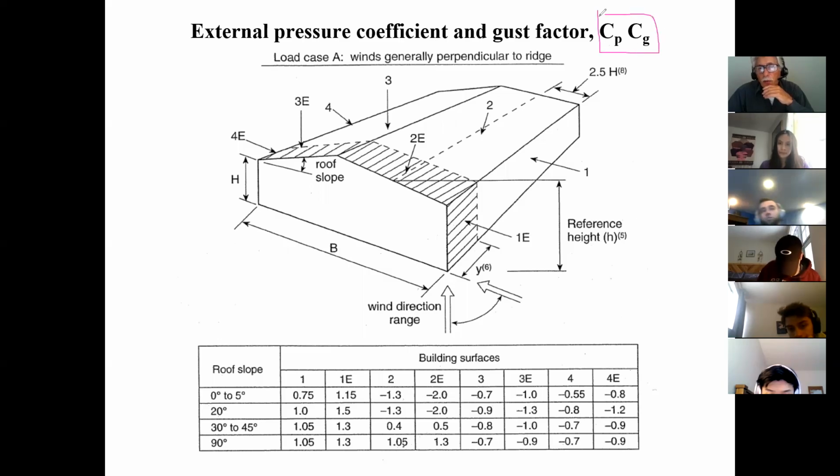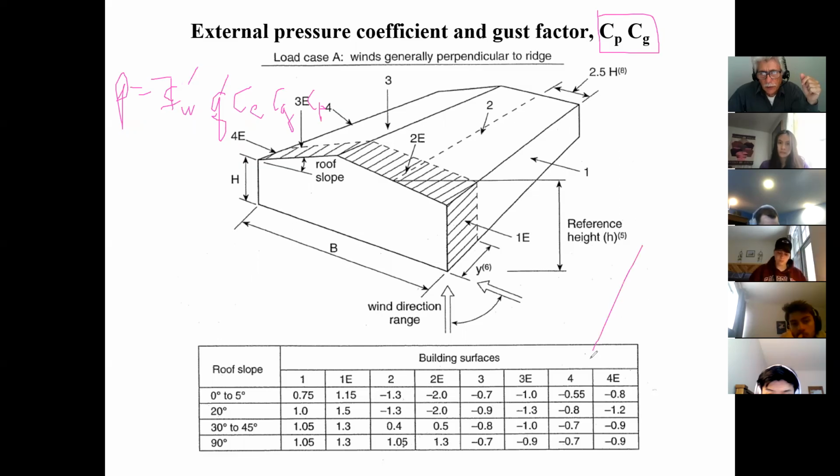Remember, in the equation we had P equals I W Q C E, and then we had C G C P. Well, this table will give you these two values combined. In other words, it combines the gust factor and the external pressure factor, so if you're looking for these two values, it's all in this table.